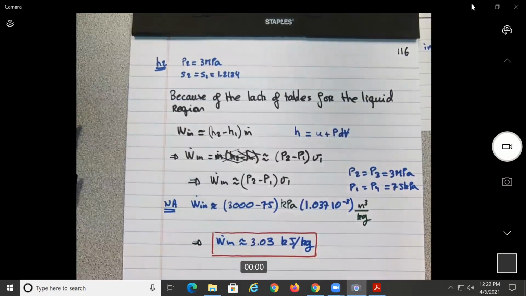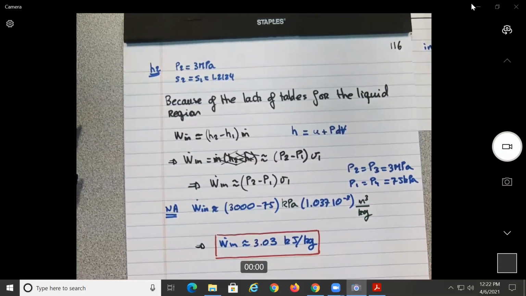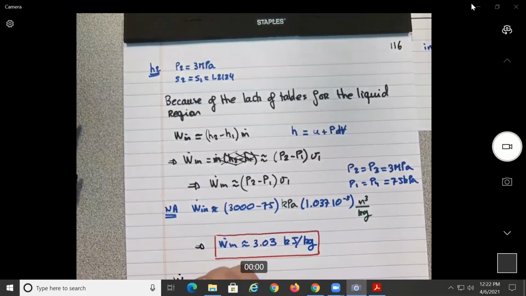Okay. So let's see, now I'll recall this one. So let's rewrite that equation. P2 minus P1 times V1. This is going to give us 3.03. And this is equal to the m dot. Now the problem here is the order.